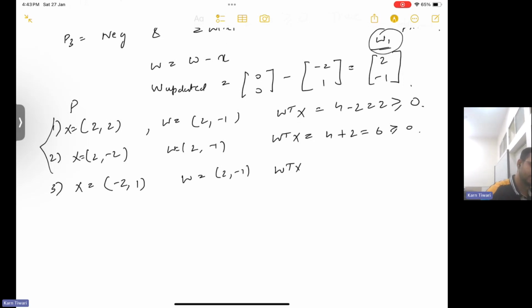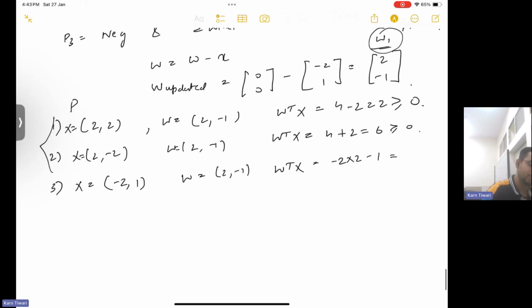So W transpose X is minus 2 into 2, minus 1, equal to minus 5, which is less than 0. So it's negative. So it's optimally converged, and the answer is 2 comma minus 1.